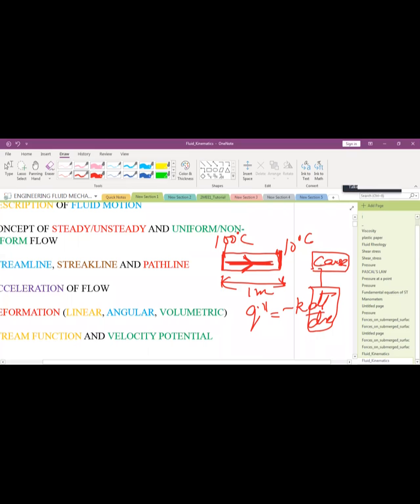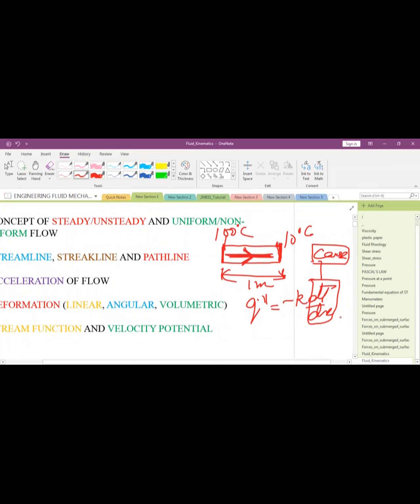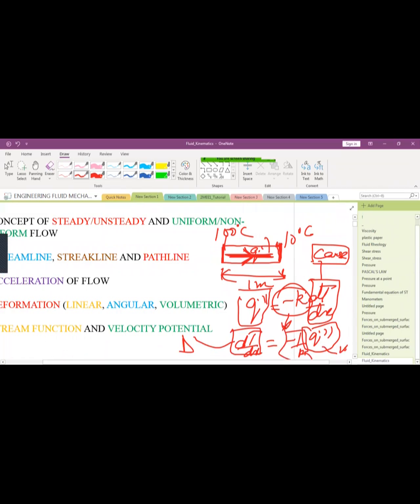So dT by dx is the cause. And what is the effect? The flow, the movement of heat. So this is the material property. I should have written this in this format as well: dT by dx is equal to minus 1 by k q double dash. So this is the dynamics part, this is the kinematics part, and this can be treated as the material property.